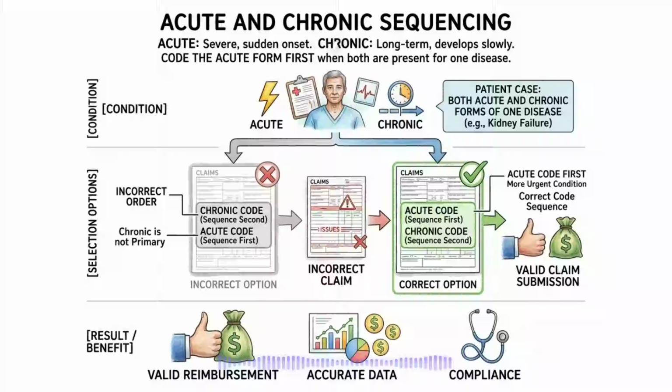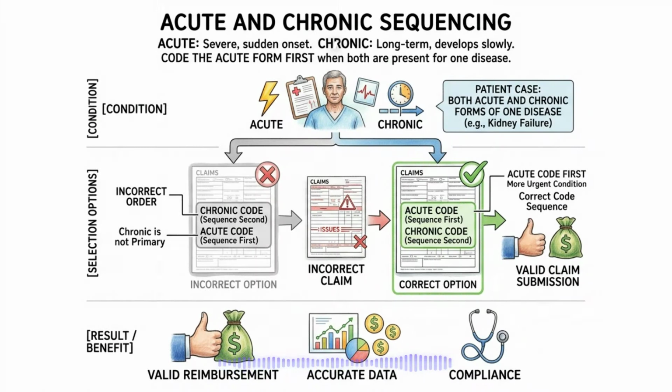Another common scenario you will face is coding for acute and chronic conditions. An acute condition is severe and comes on suddenly, while a chronic condition is a long-term illness that develops slowly over time. If a patient has both the acute and chronic forms of a single disease, and the coding manual provides separate codes for each, the rules state you must sequence the acute code first.